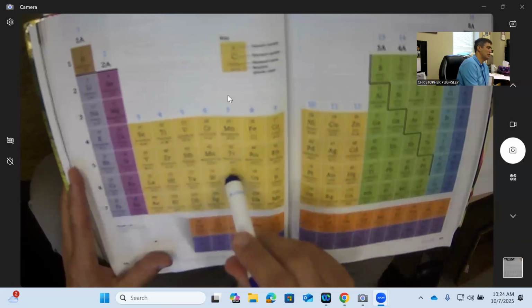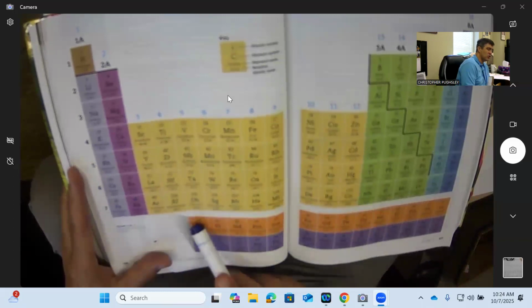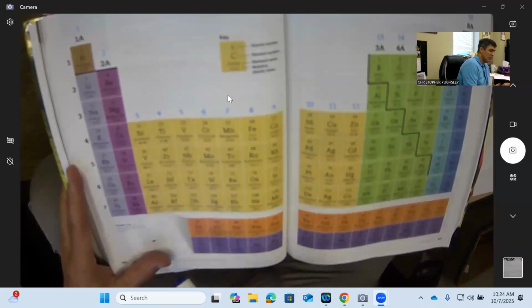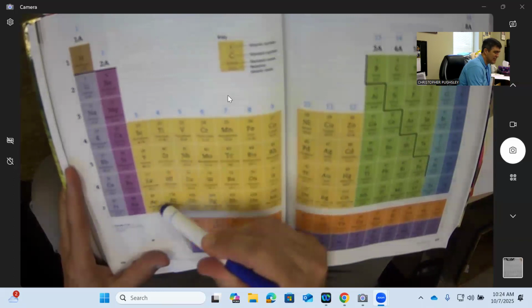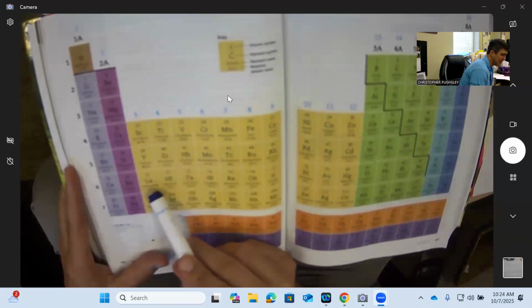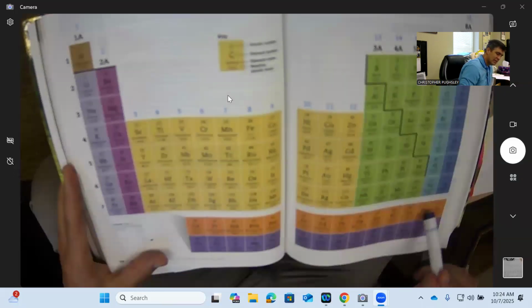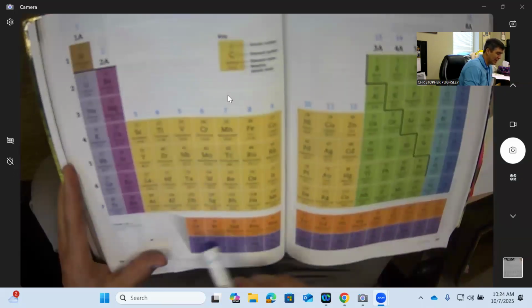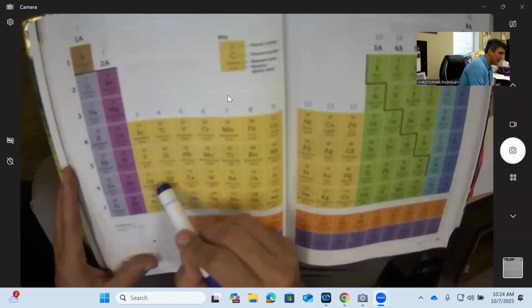Their last electron was in the D, but these are considered the F. And so we have cerium, which has 1 electron in that F orbital, but look where it fits in. It fits in right here after lanthanum. These are called the lanthanides because they follow lanthanum, and they fit in right here.